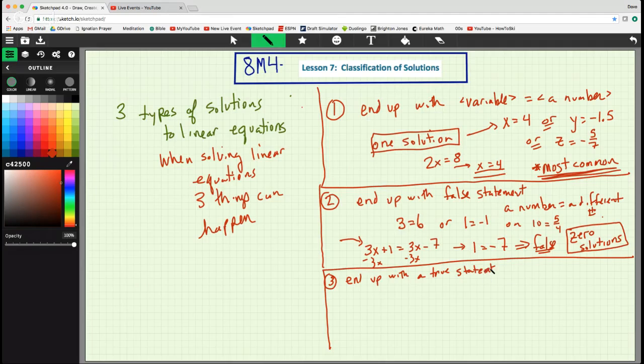This is like a number equals the same number. So I end up with something like 2 equals 2, or 4 equals 4, or 1/9 equals 1/9. Anytime this happens, I end up with infinite solutions.